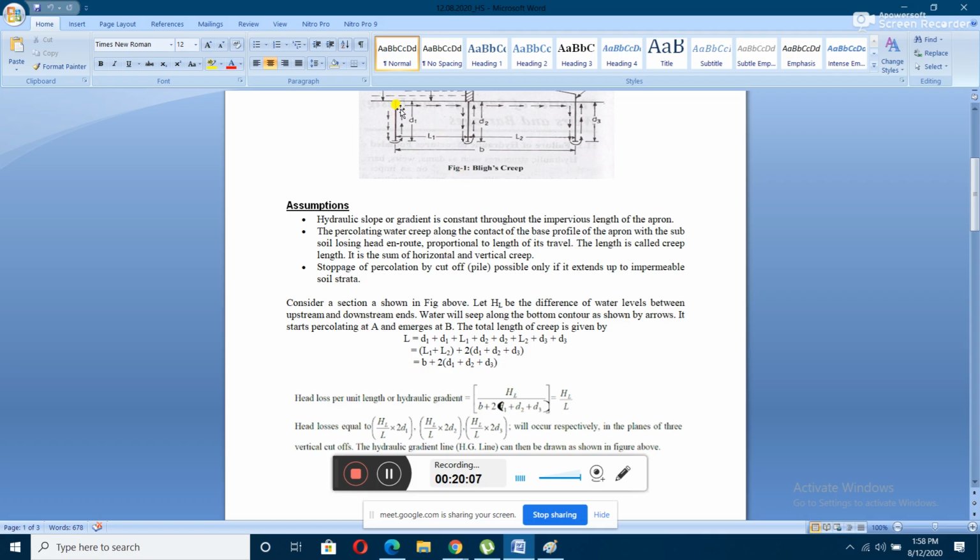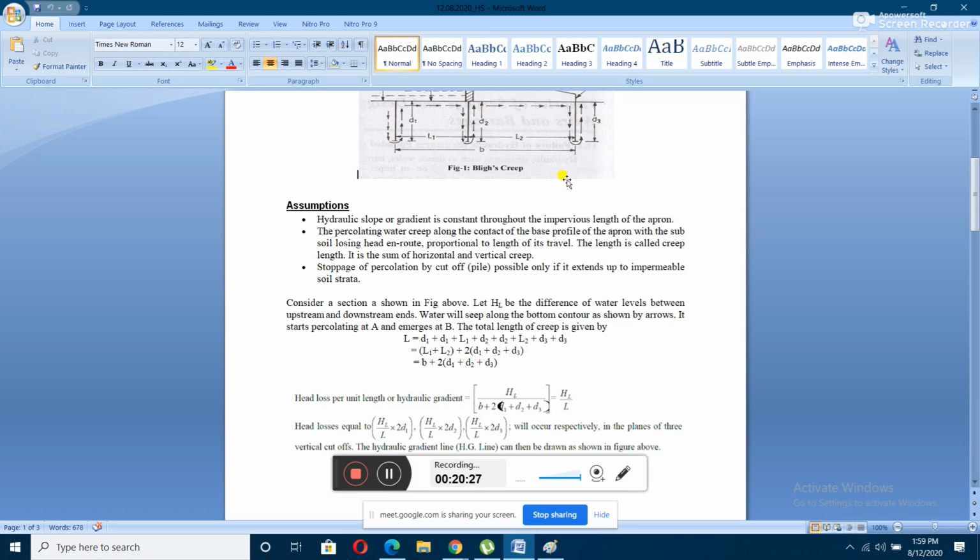If there were no sheet piles, then water would have directly traveled from here to there. Then what will be the total creep length at that point? If there were no sheet piles, your L value would be equal to B, because there were no D1, D2, D3.